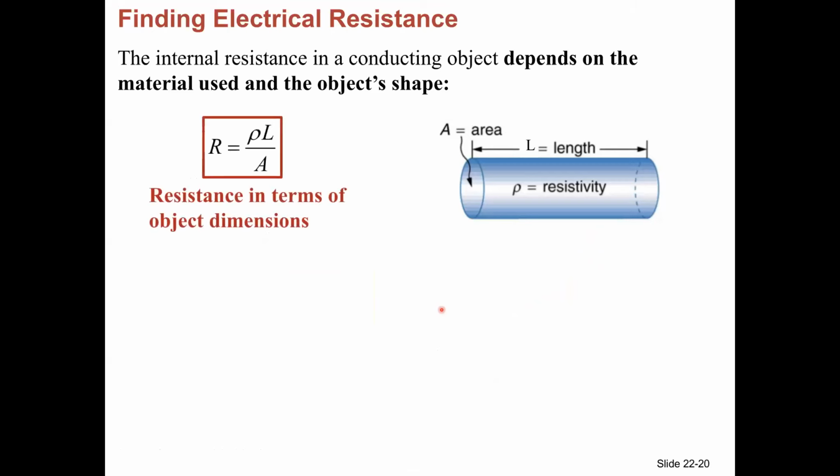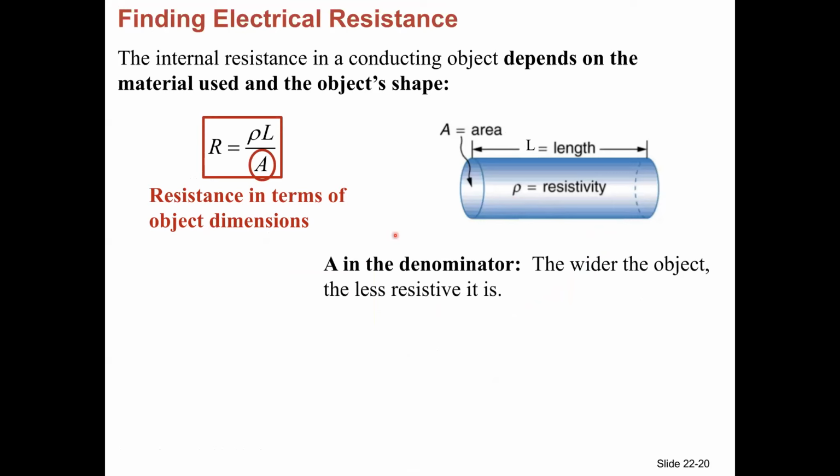For instance here, I'm just going to put the equation up first. The resistance depends on how long our wire is and also how wide and how thick it is. So here, A is the cross-sectional area of the wire.